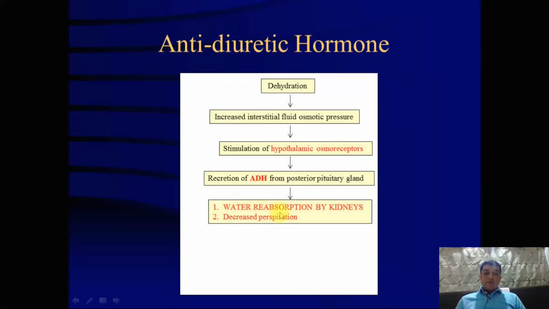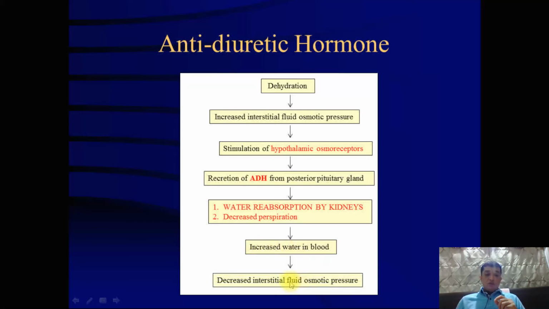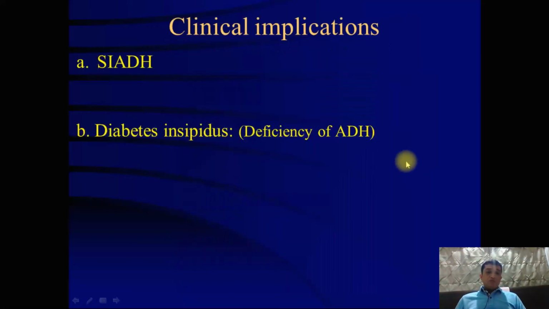This is the main effect, right? By creating the water channels, what we call aquaporins. So that will lead to increased level of water in the blood, which will lead to normalization of the interstitial fluid osmotic pressure, and this will give a negative feedback message again to the osmoreceptor that now do not release ADH. Right? This is called a negative feedback mechanism.